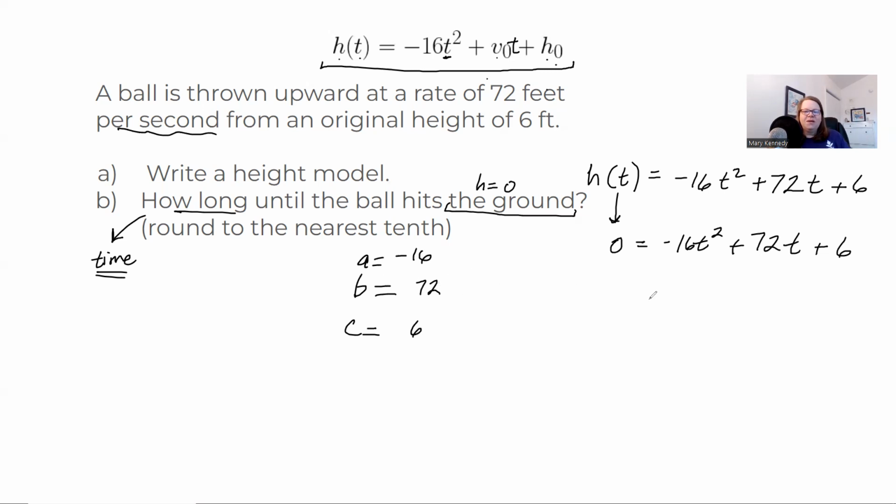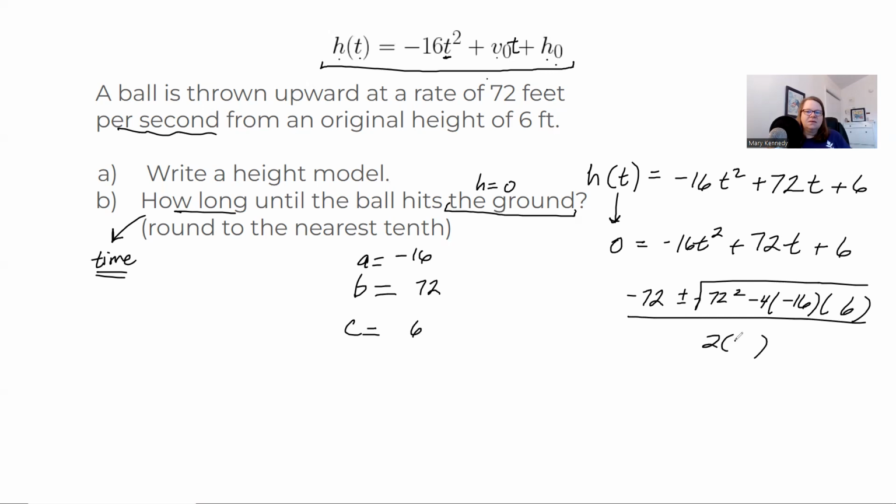It's negative B, so -72 plus or minus the square root of B squared, so 72 squared minus 4 times A times C, and all of that's over 2A. So, okay, -16.